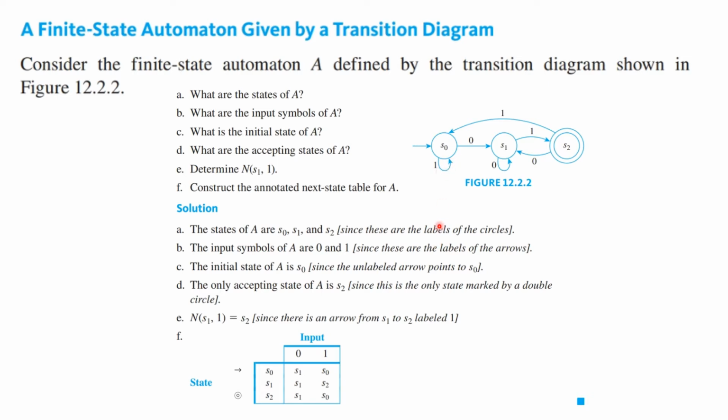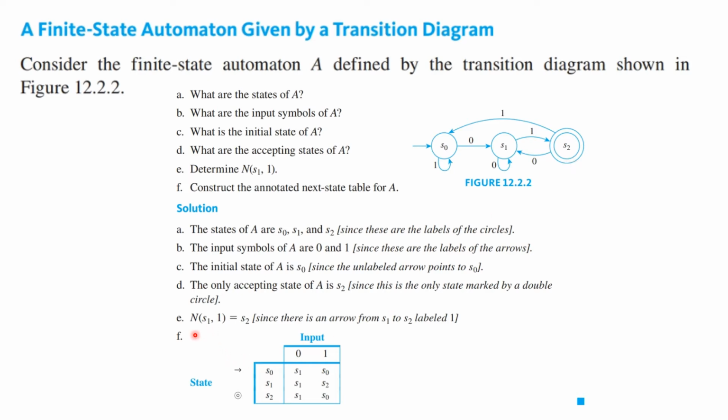And so when you look at this, you can see that the states are S0, S1, and S2. The input symbols are 0 and 1, because that's what's on all of these arrows. The initial state is S0, because that's where you have an unlabeled arrow going into. The only accepting state is where you have a double circle around.